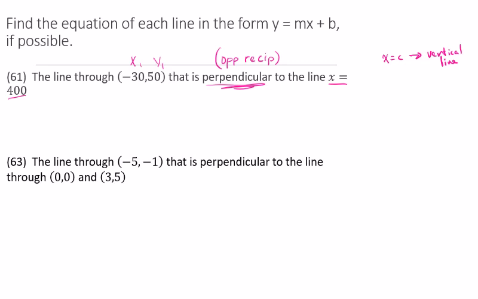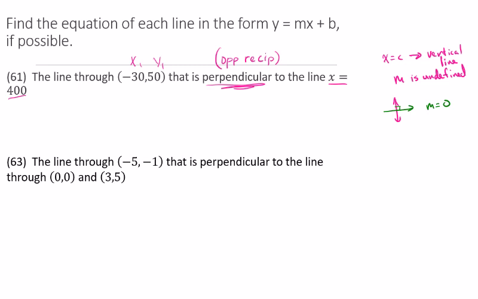So what's perpendicular to a vertical line? A horizontal line, right? The slope of a vertical line is undefined, so we can't flip it over, but we know that a horizontal line is going to be perpendicular, and the slope of a horizontal line is m equals 0.